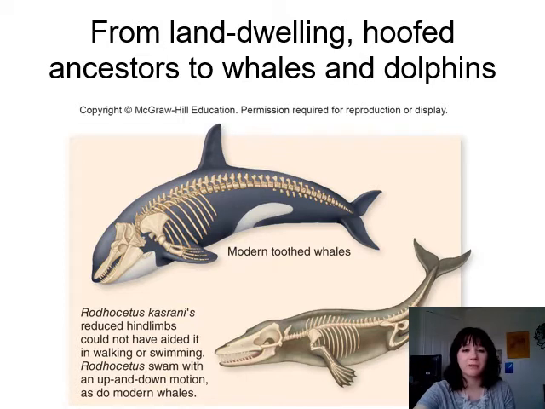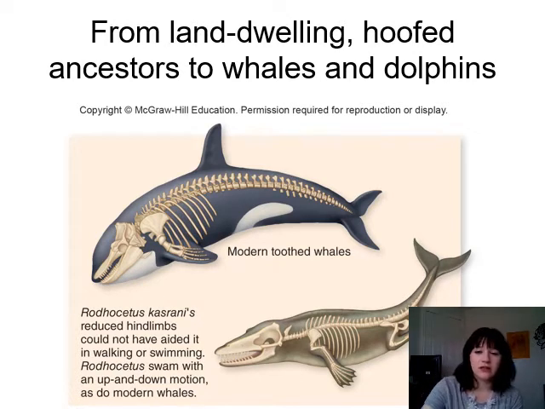Let's look at this example that we talked about with the evolution of whales and dolphins from land-dwelling hoofed ancestors. So on the top we have our modern whale, right? And then we have an example intermediate species that has 4 legs, but the 2 back legs are not really used too much in walking or swimming.